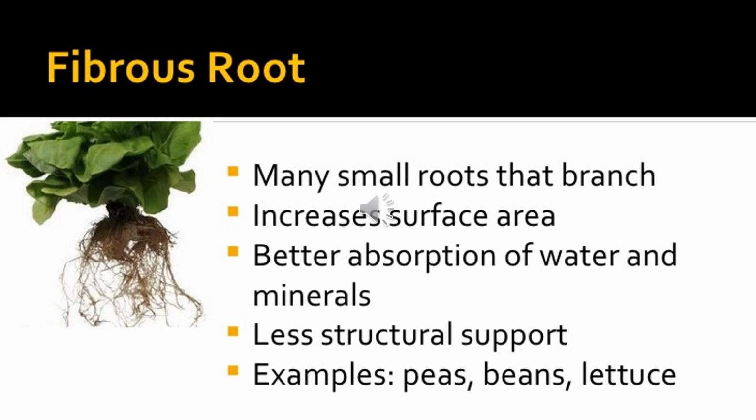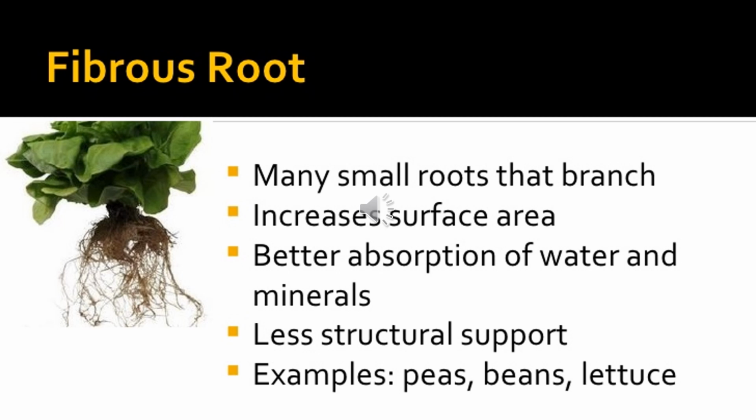The second one is fibrous root. In plants such as grass, rice, wheat and onion, there are several roots of different sizes. All of them are bunched together. They grow out from the end of the stem.